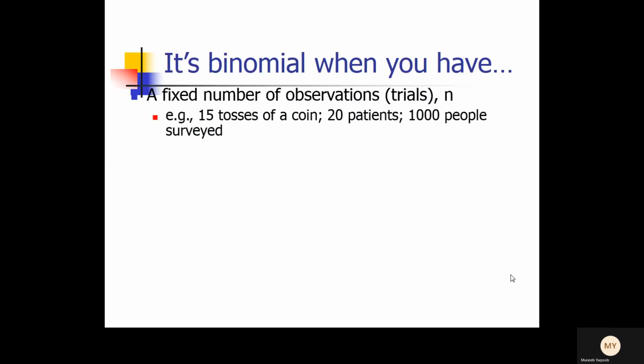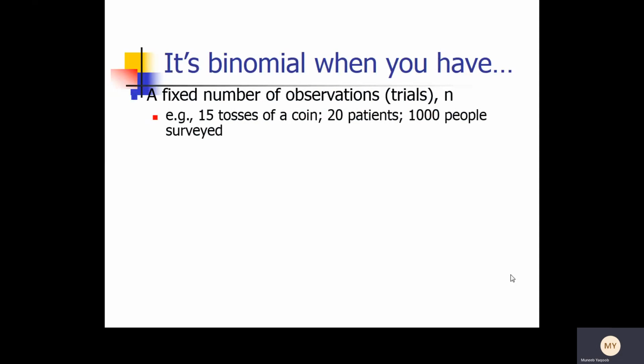So the basic requirements for application of binomial distribution is that the probabilities of success and failure are independent of each other, and the events are Bernoulli data, that every outcome can be classified in only two possibilities, either a success or a failure.